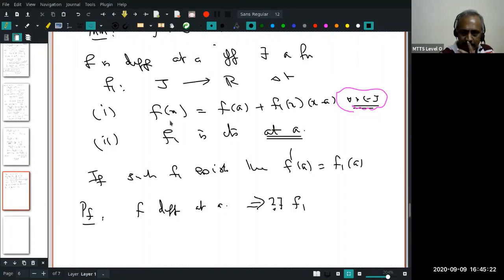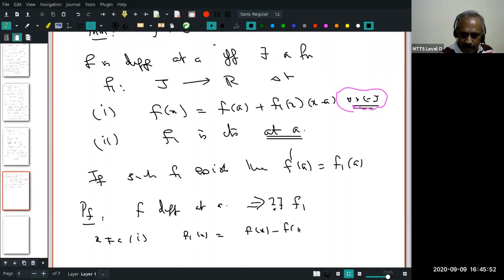Now notice that this equation already tells you what should be f1 of x if x is not equal to a. How many of you understand? See, I have to solve for f1 of x. Can I solve for f1 of x in this equation? I can do that if x minus a is non-zero. That is the same as saying if x is not equal to a. If that is true, that means my f1 of x must be equal to (f of x minus f of a) by (x minus a).